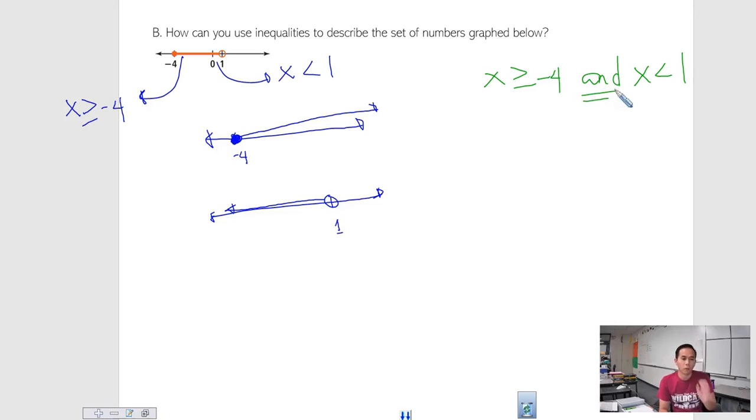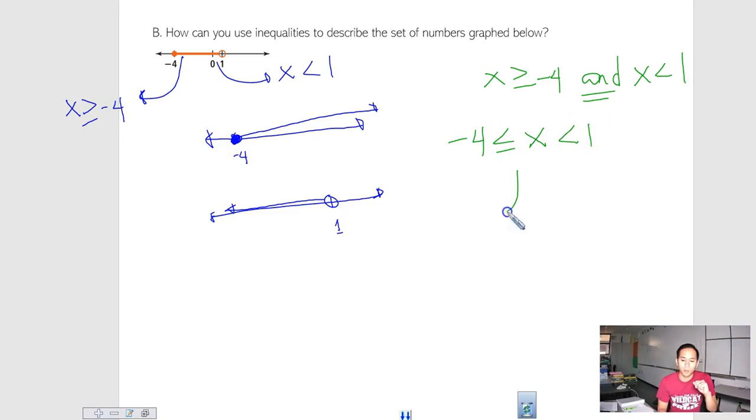However, we can also rewrite this as a compound inequality, and it only applies when you are using the word and in your inequality. You can put -4 is less than or equal to x is less than 1.